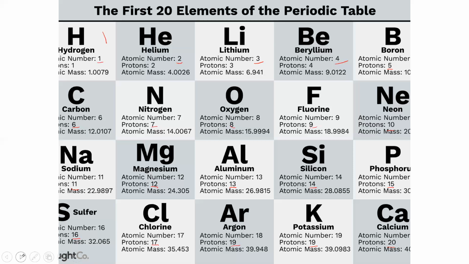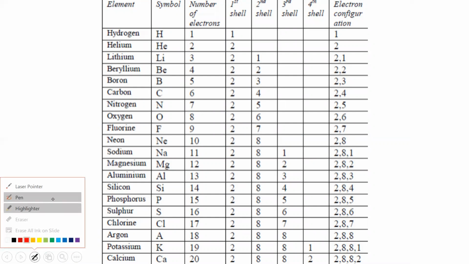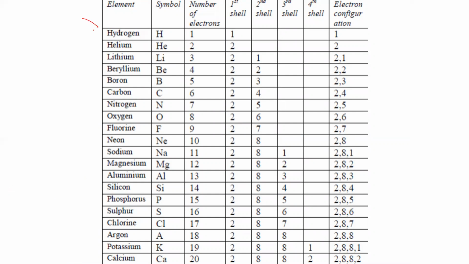Now, as we know that these 20 elements have this atomic number, which you have just seen as 1, 2, 3, 4, 5, 6, and so on till 20, we are going to do something known as the electronic configuration. In this table, I have kept for you the name of the element, the symbol of the element, and now we know the number of electrons in this line.